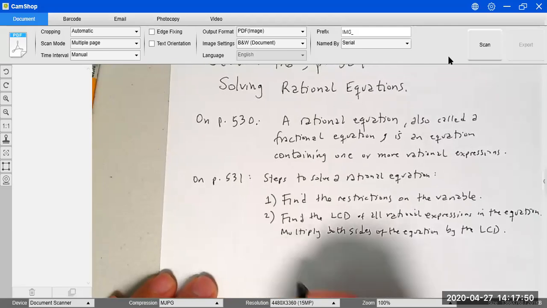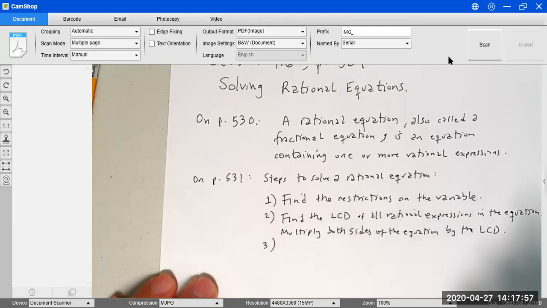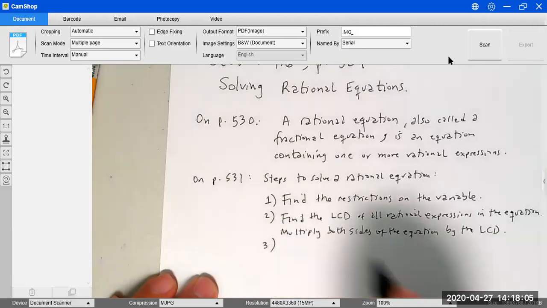Then after this step, there is no longer a rational equation. It's going to be an equation. It could be just a linear equation or maybe a quadratic equation.